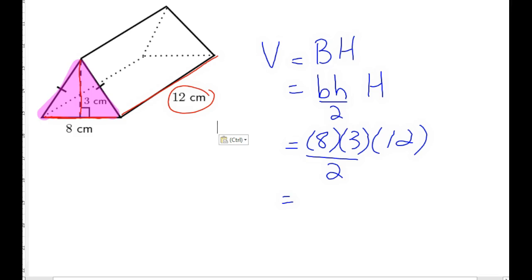So working this out, I know that 12 divided by 2 is 6. 6 times 3 happens to be 18. And then 18 times 8, that's something you may want to work out on your calculator. This is me running to my calculator just to be double sure.